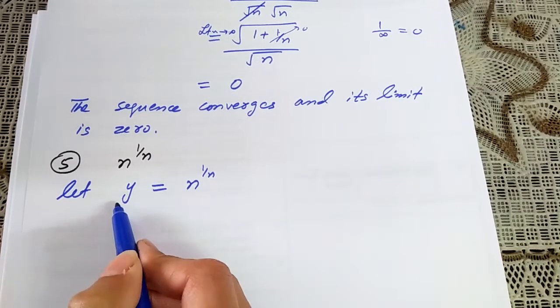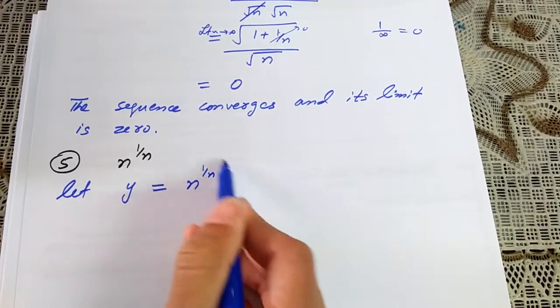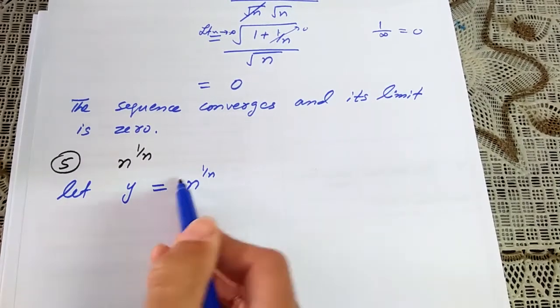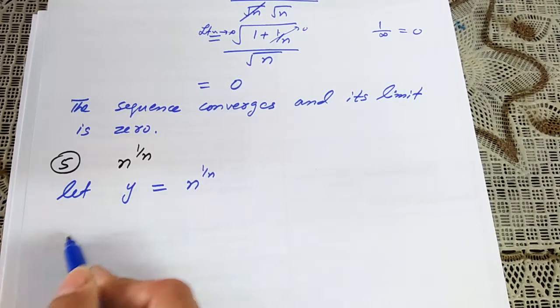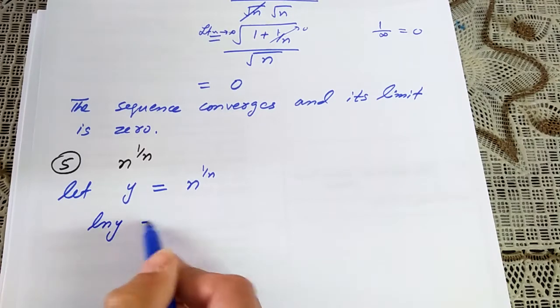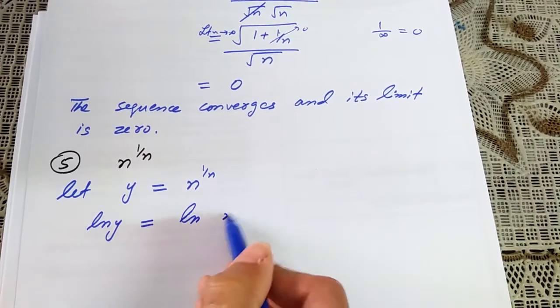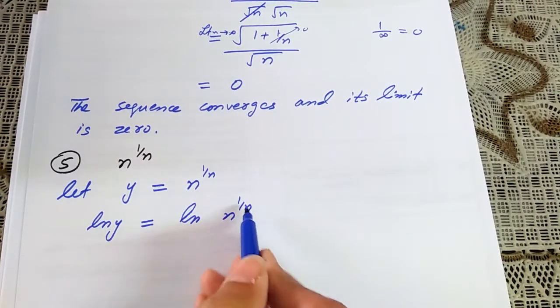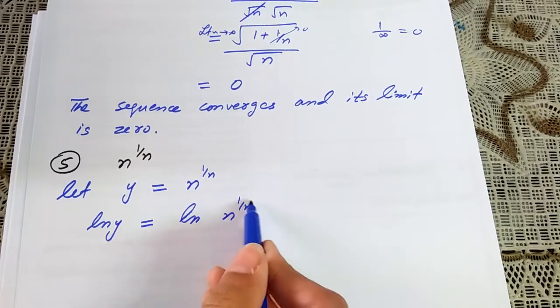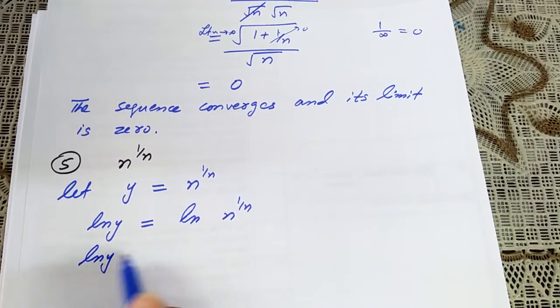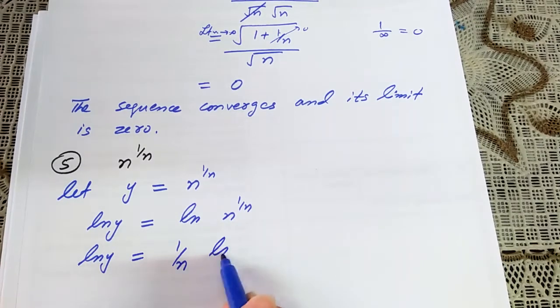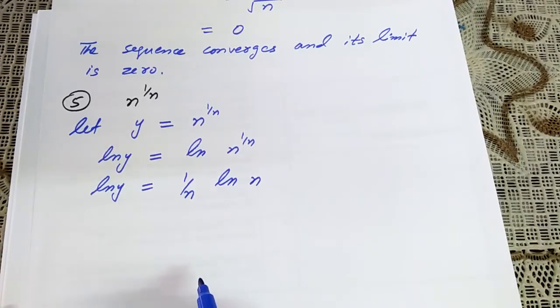We know that we can take these powers down if we have a log function here. So applying natural logarithm on both sides, I will get ln y equals ln of n raised to power 1 over n. Now this is a property of log, that the power can come down as the coefficient of ln. So ln y equals 1 over n times ln n.